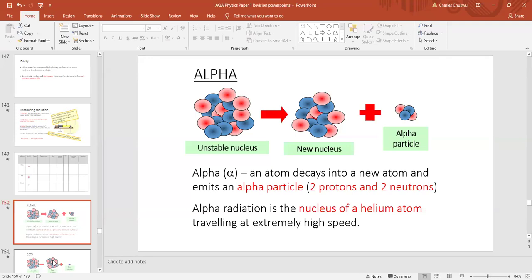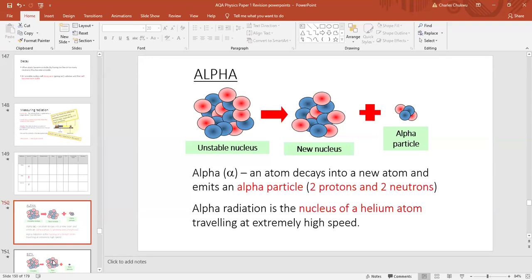The alpha particle will be made up of nuclei that have a mass number of 4 and atomic number of 2. What that means is that the emission will be of helium particles, because helium particles have what?